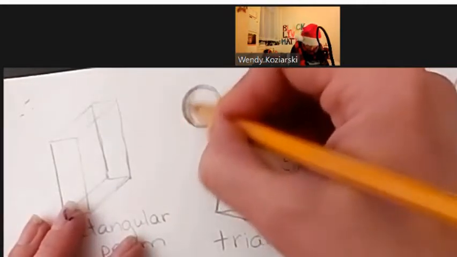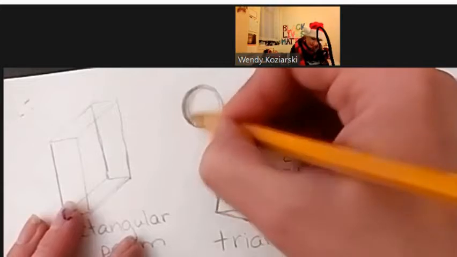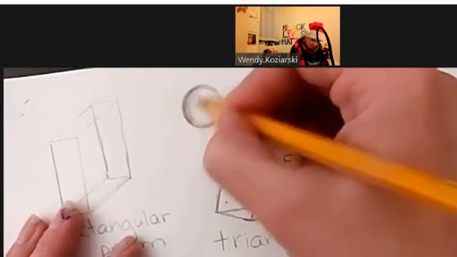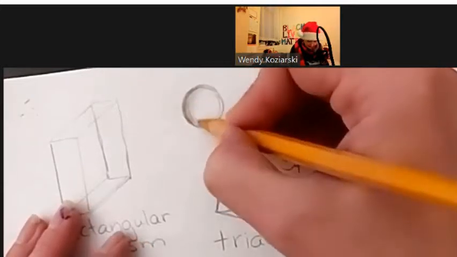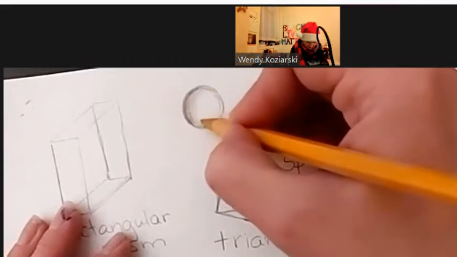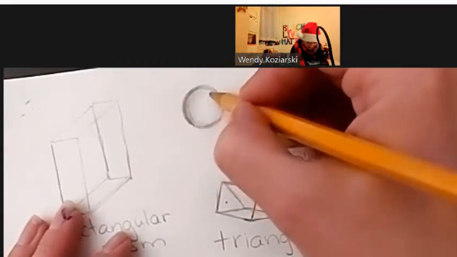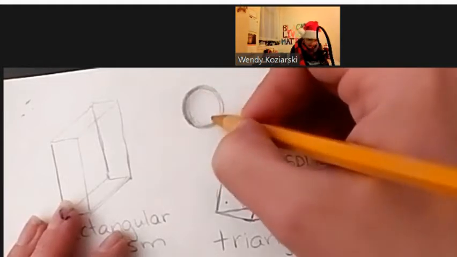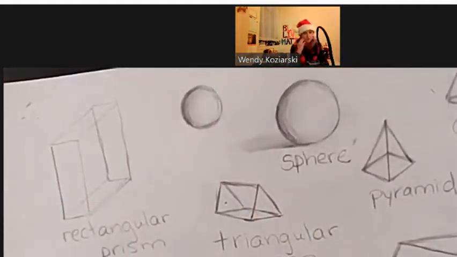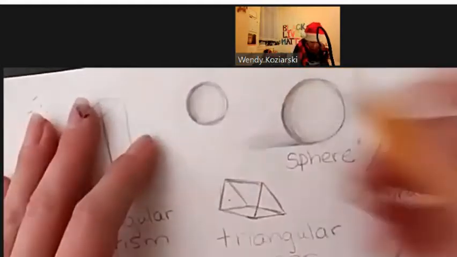And I'm going to come around in this C shape. As I come out, I'm getting lighter and lighter, staying in that C shape until my pencil is not really on the paper anymore.